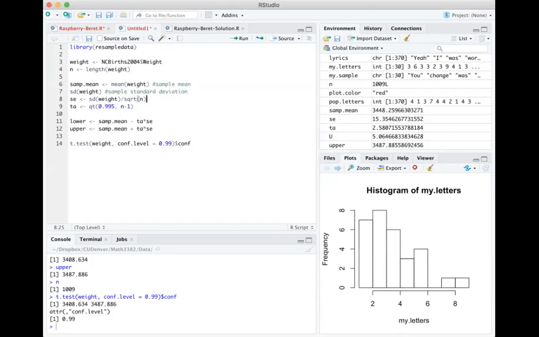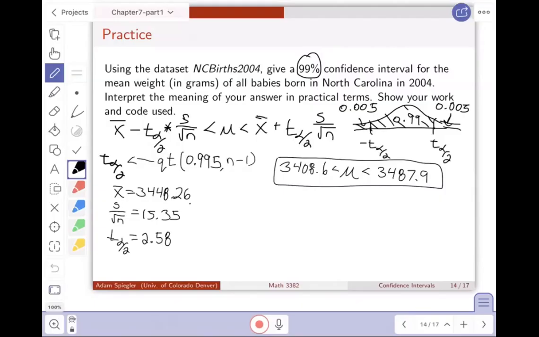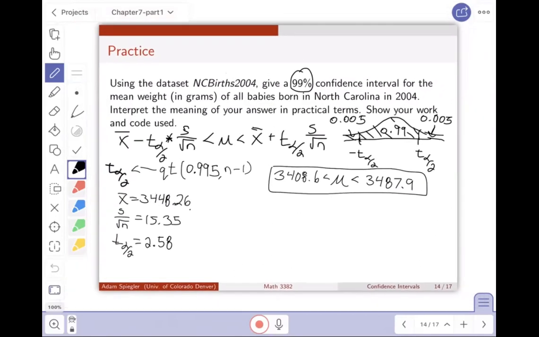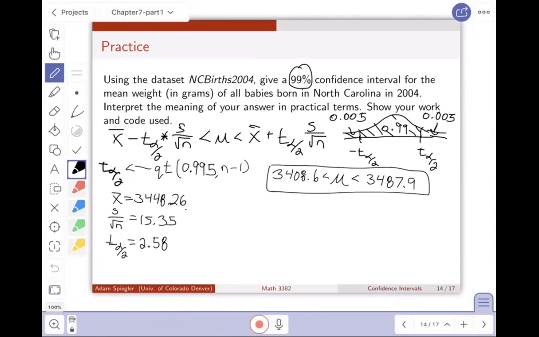So let's wrap up this example by coming back to the slide that we started with. We wanted to approximate the mean weight of all babies in North Carolina with a 99% confidence interval. I was recording some of the results that we were getting from R. We used the qt command, and we got that T alpha over 2 was 2.58. This is exactly what you would get from the T distribution table.